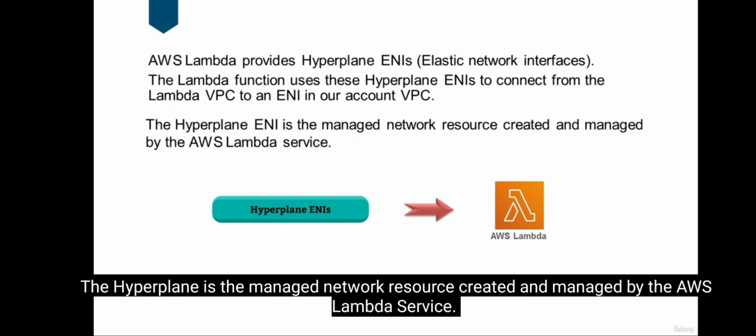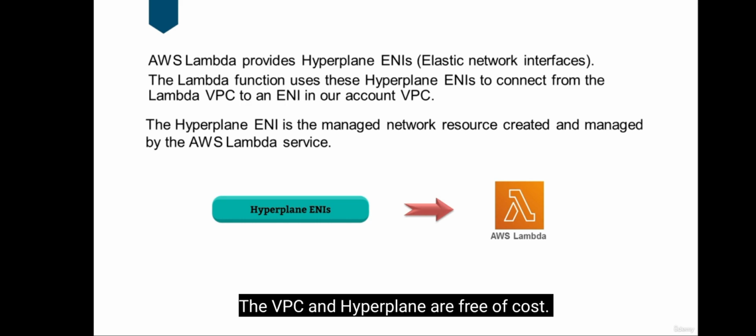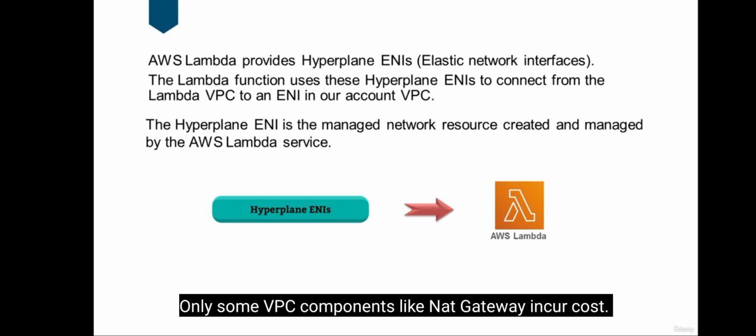The Hyperplane ENI is the managed network resource created and managed by the AWS Lambda service. The VPC and Hyperplane ENI are free of cost. Only some VPC components, like NAT gateway, incur cost.